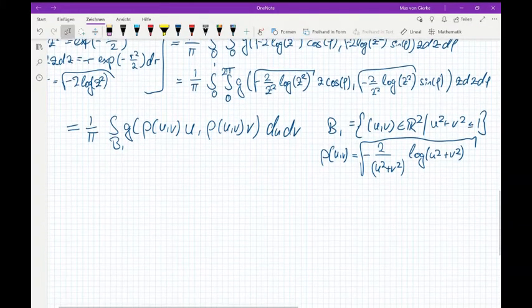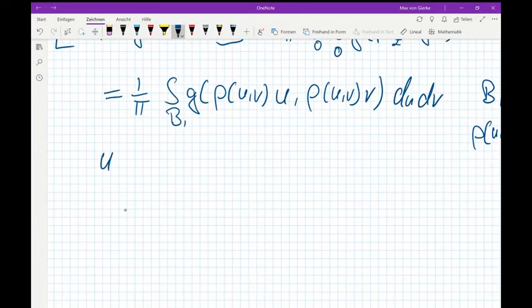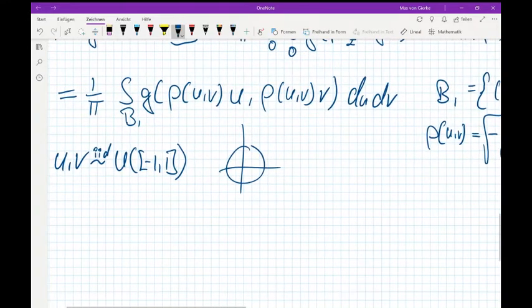So we now just look at two capital letters here, because now we have random variables. We look at two minus one uniform random variables. The idea is we have this B1, this beautiful unit ball, and we somehow want to integrate over it.